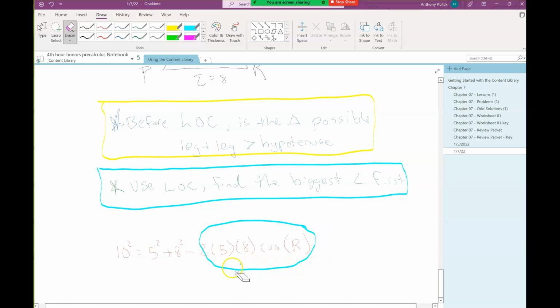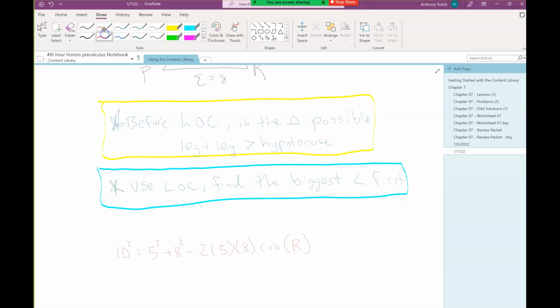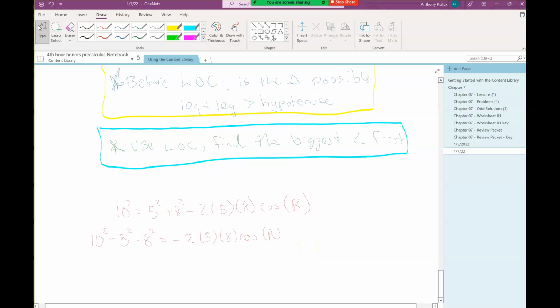Okay? So my suggestion here is don't do any computation. Just start moving everything to the other side. So we'll start by subtracting the 5 squared over and the 8 squared over. Don't add the 5 or the 2 times 5 times 8 over because it's not being subtracted, it's being multiplied.